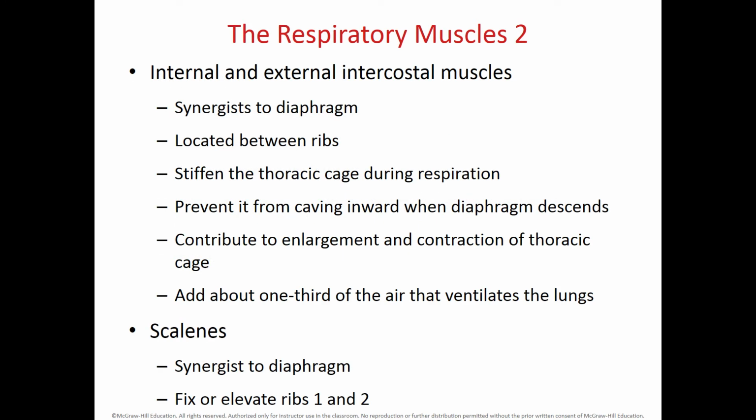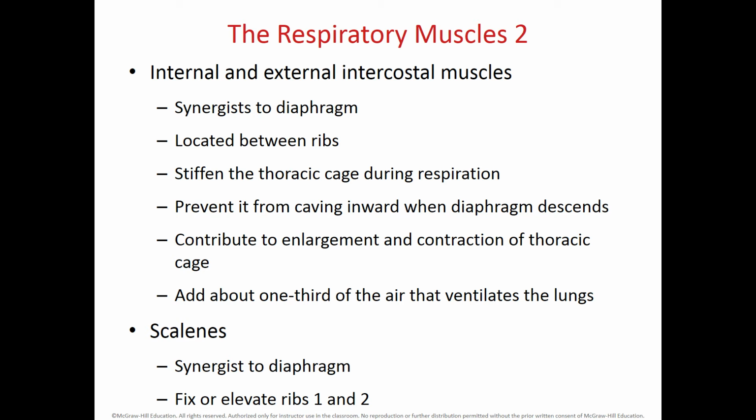The other set of respiratory muscles are the internal and external intercostal muscles. They are synergistic to the diaphragm, and as their name implies, they are located in between the ribs. Costal means ribs; inter means in between.